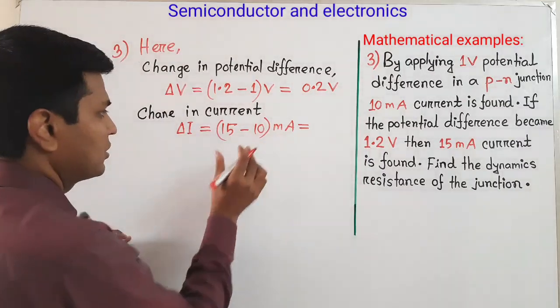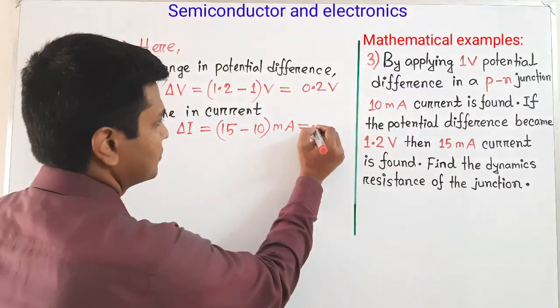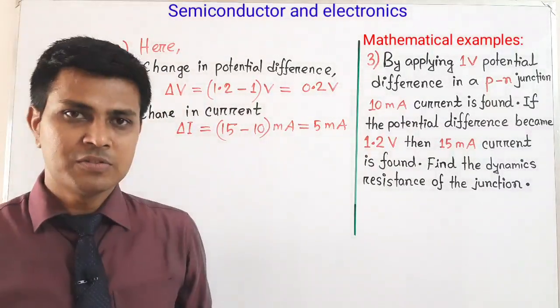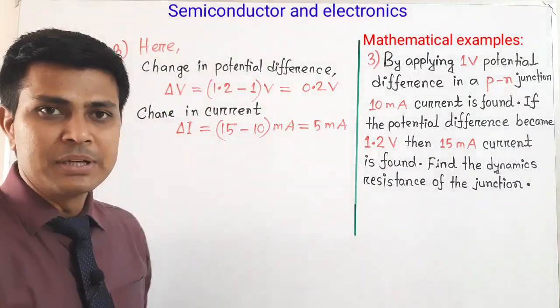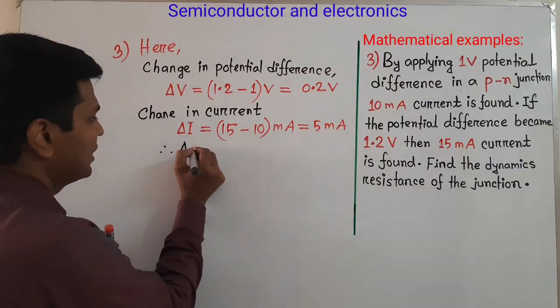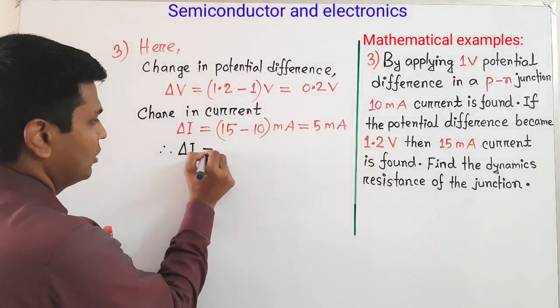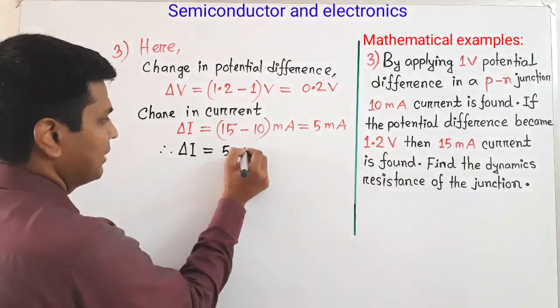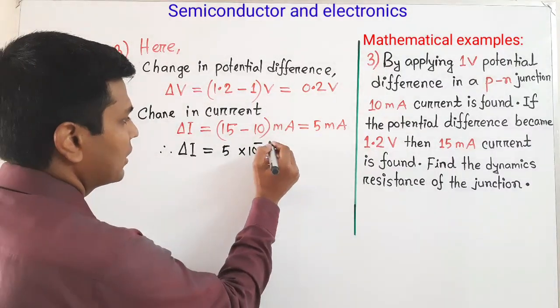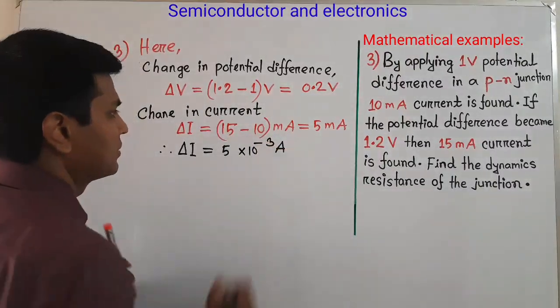After calculation we will get 5 milliampere, and you have to convert milliampere to ampere. So you have to divide by 1000 and we will get the change in current del I equals 5 into 10 to the power minus 3 ampere.